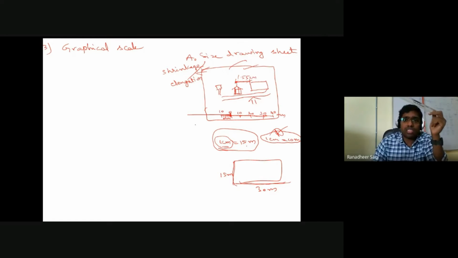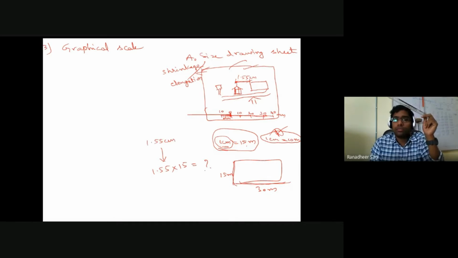So in understanding 1.55 centimeters, what becomes my original dimension in the field? The original dimension in the field is nothing but 1.55 into 15. That gives me some dimension.